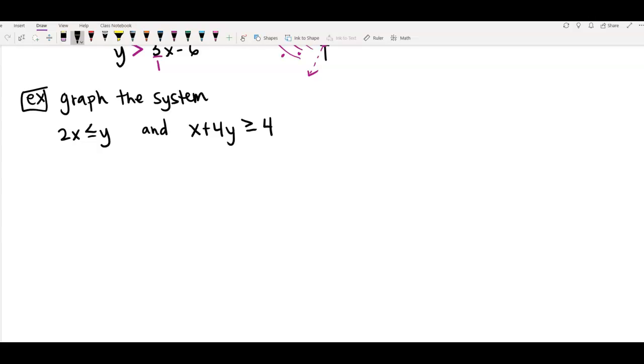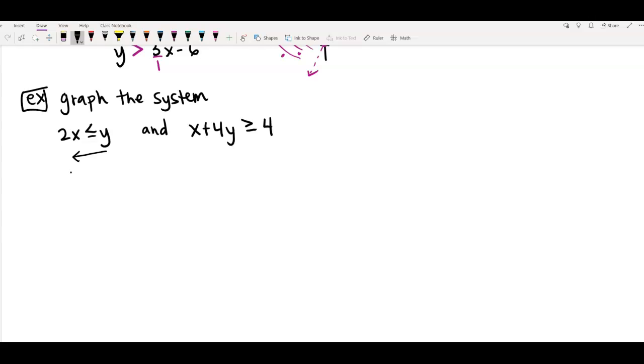All right, so I wanted to talk about these because these are a little bit different. We want to have it in the y equals mx plus b form, and you want the y to be on the left-hand side, just to make it easier to do your graphing. If I was to move my y over to the other side and my 2x over to the other side, it's really like I'm reading this backwards.